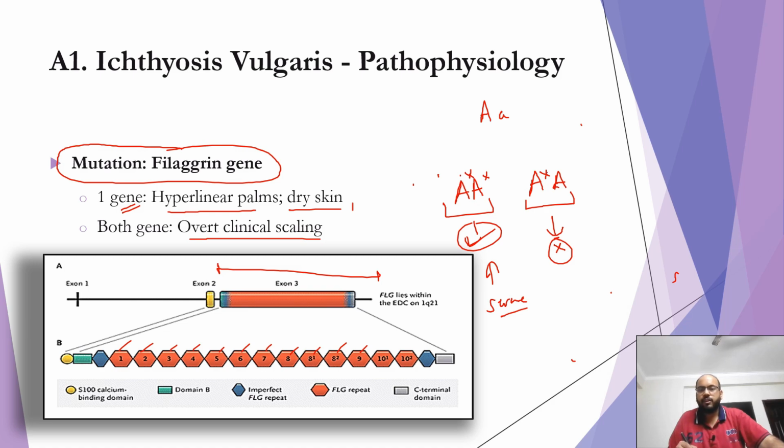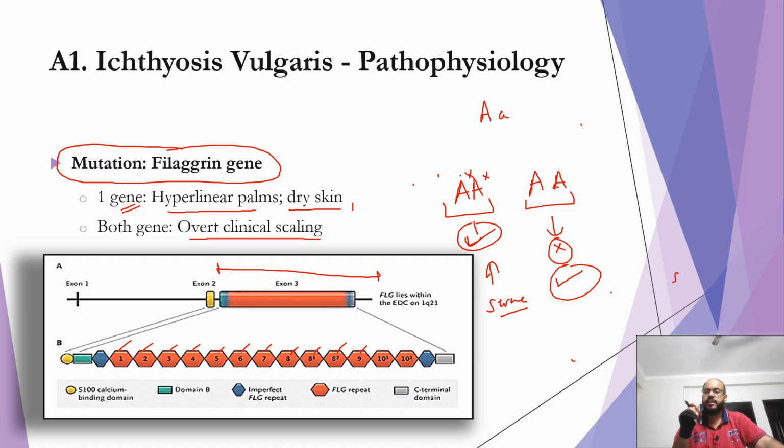But if none of the genes are mutated, you will have a normal baby. Clear? So for autosomal dominant inheritance, if one gene gets mutated, you will have 100% penetration of that disease. That's how autosomal dominant diseases work: if one gene is mutated, you will have that dominant trait and you will have the disease. But in autosomal semi-dominant, if one gene is mutated, you will have only light clinical manifestations like hyperlinear palms and dry skin.